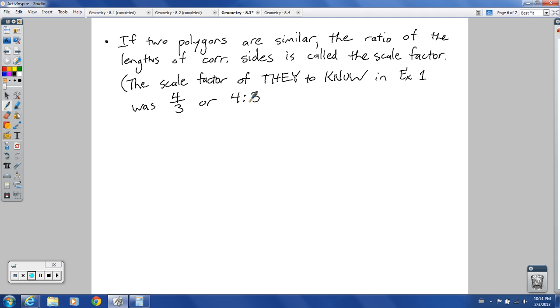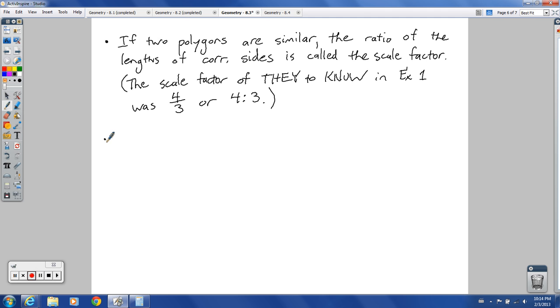Quite often you'll see it like this, and sometimes you'll also see it like this. So either way is acceptable. You have to know both ways. Right? So that is what scale factor is.